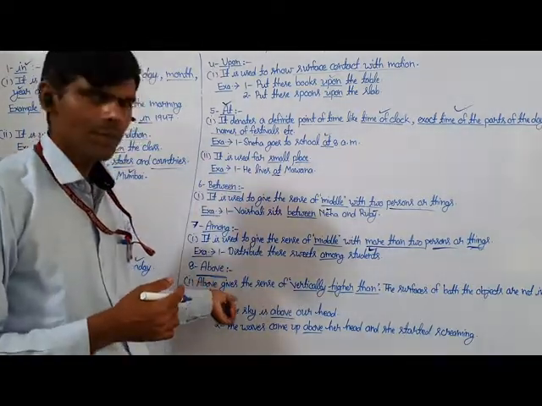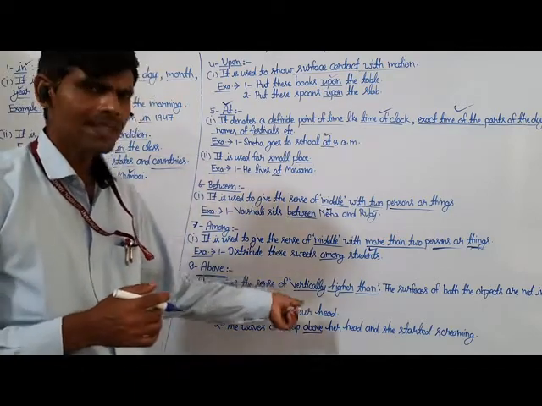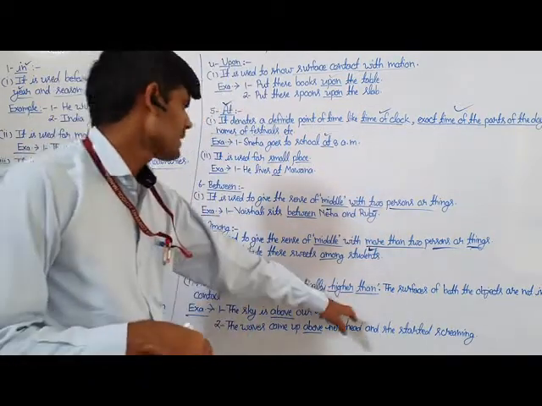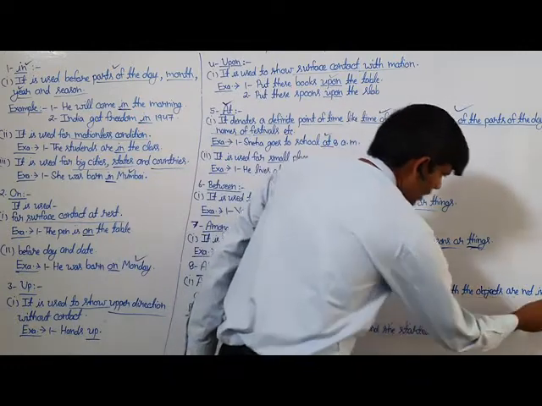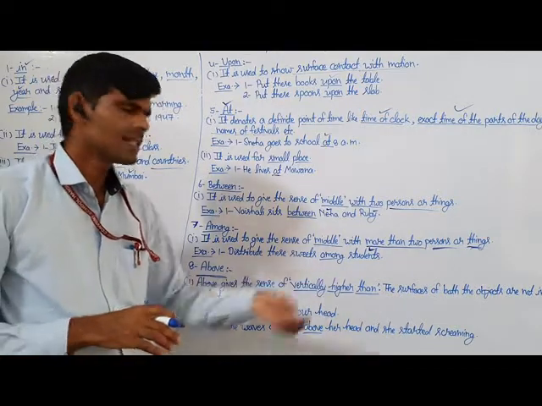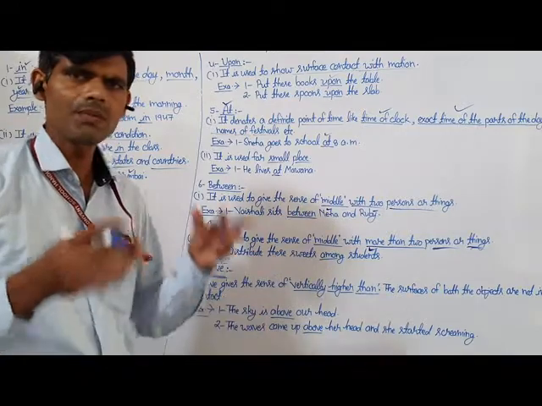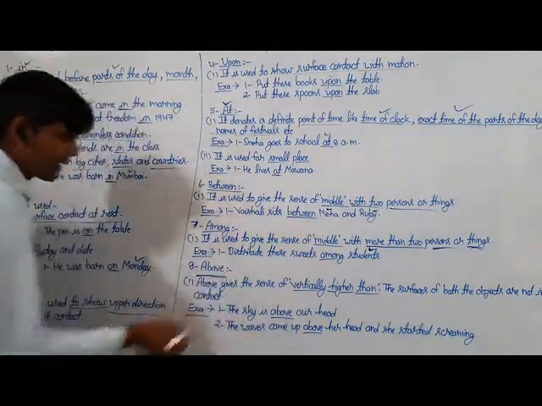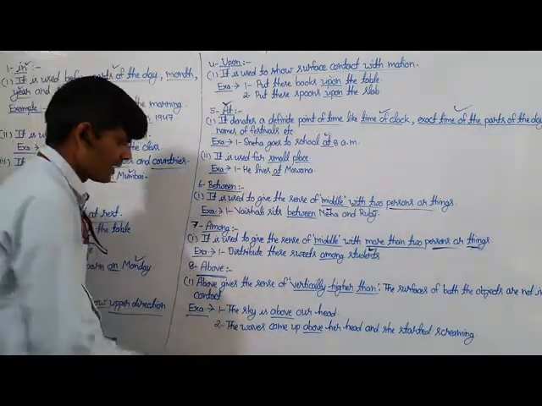In this particular sense, the surfaces of both the objects are not in contact. To know more about this rule, we have to see some more examples.